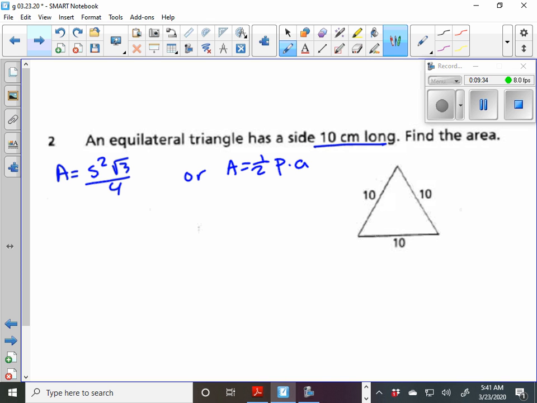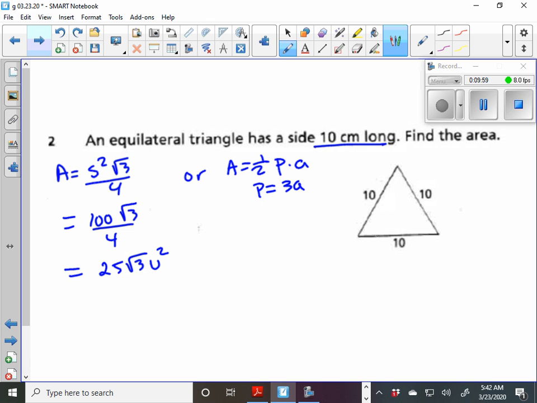I think the first one is the easiest. Equals 100 root 3 over 4. 4 goes into 100 25 times. 25 root 3 units squared.